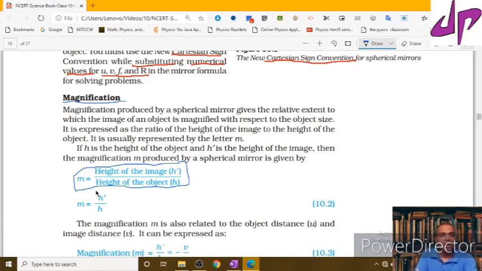It is the ratio of the height of the image to the height of the object. In the simplest manner, we can write magnification m equal to h dash by h. We represent magnification with a lowercase m.